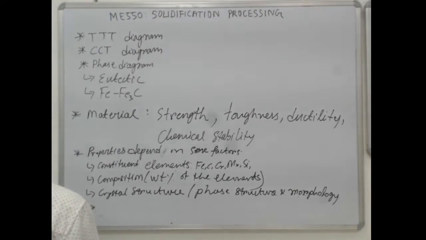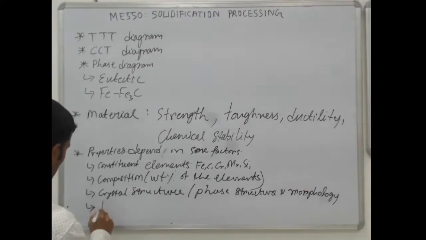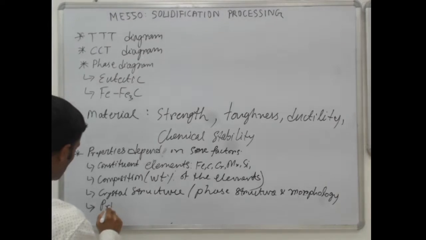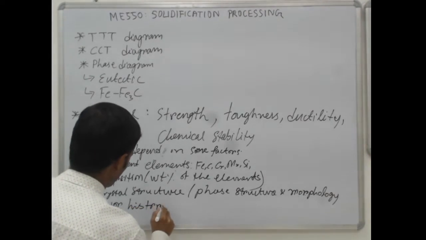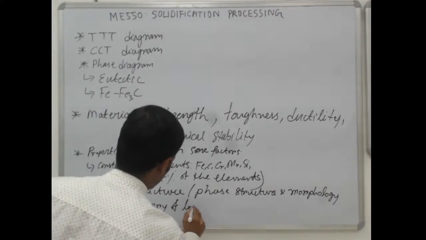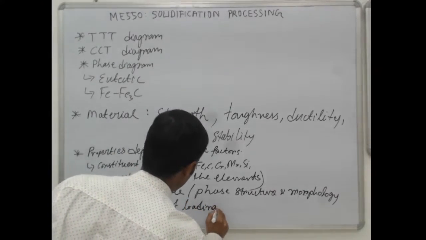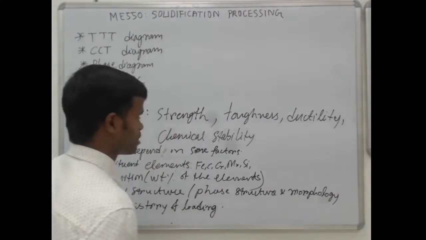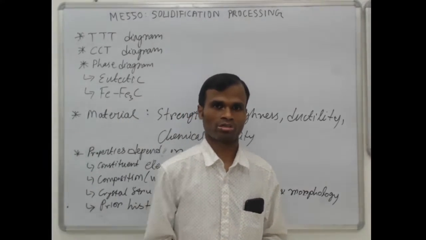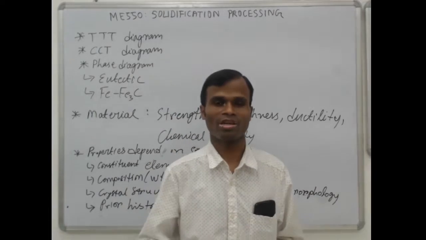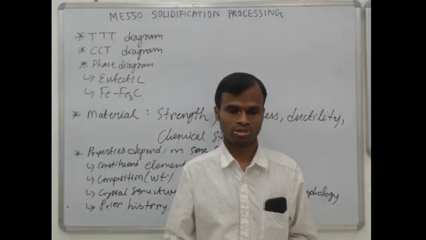And apart from that, the prior history of loading also matters. Suppose you have a material that is already cold worked, then there will be a large number of defects.